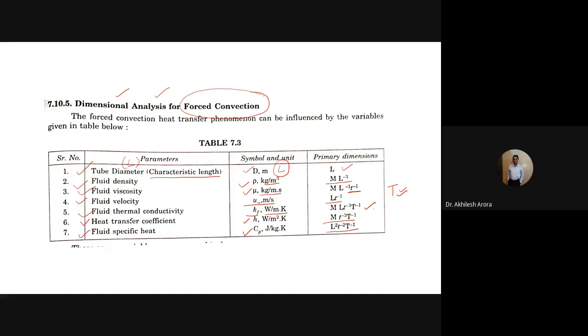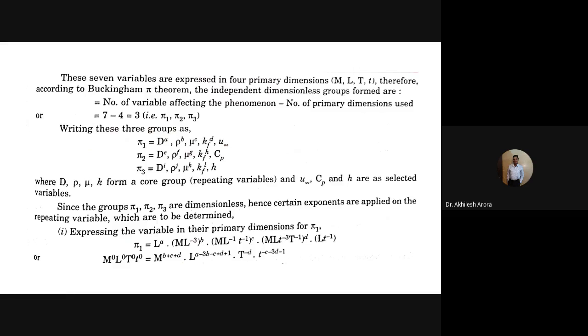So we will go for Buckingham's pi theorem. You know there are 7 variables and 4 primary dimensions: for mass it is M, for length it is L, for temperature it is capital T, and for time it is small t.